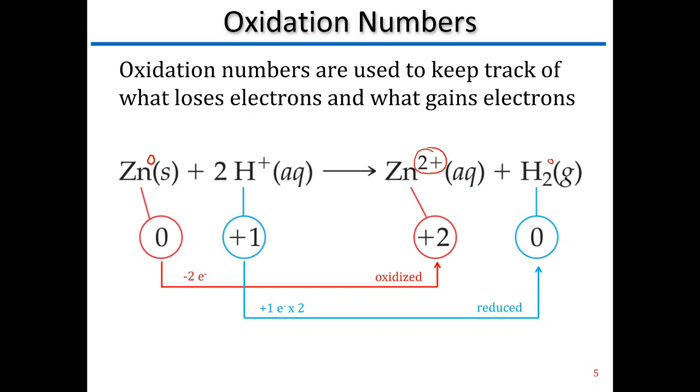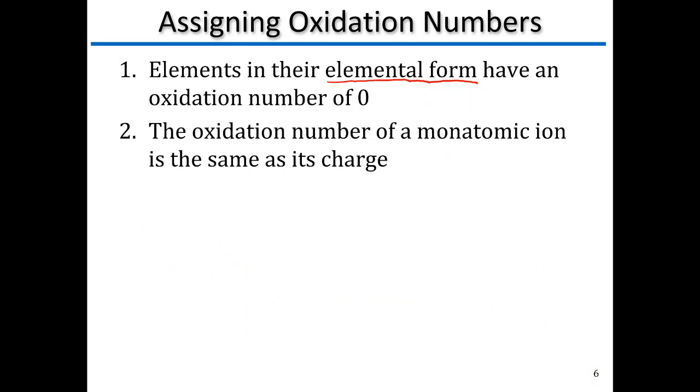So it has an oxidation state of 0. Then hydrogen, we know hydrogen is one of our diatomic elements, so H2 is its elemental form. That's why it has an oxidation state of 0. So that's our first rule: any element in its elemental form has an oxidation state of 0.